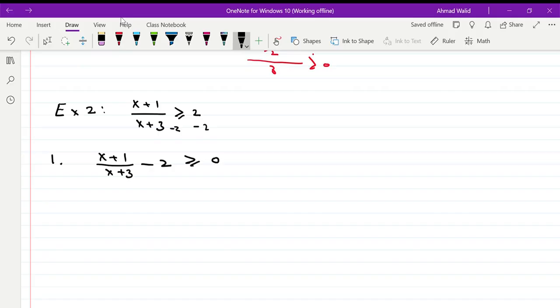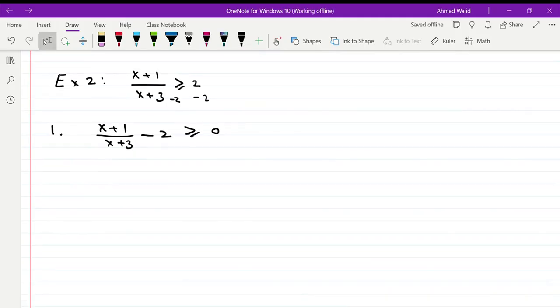Now, this is the tricky part with rational inequalities. You have to add and subtract. It means you have to simplify your left side. You need a common denominator. What is your common denominator between 1 and x plus 3? Of course, it's x plus 3, right? Then you multiply the numerator and denominator of your second fraction with x plus 3.